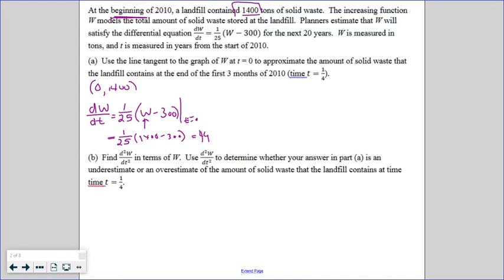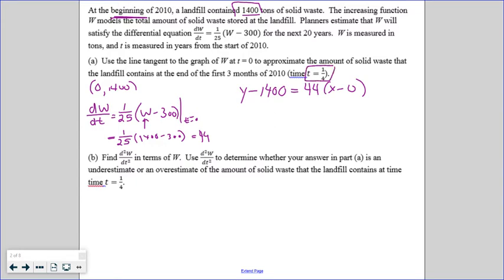So then it says use the tangent line. So if we were to make that into a tangent line here, y minus 1,400 equals our slope times x minus our x value, and we're supposed to use this to estimate what this would be at time equals 1/4.